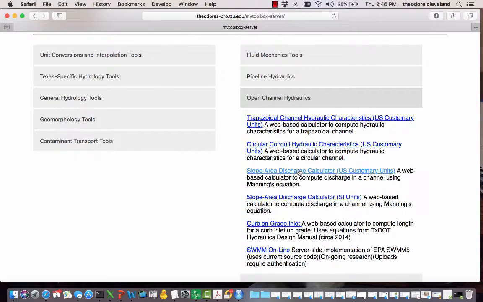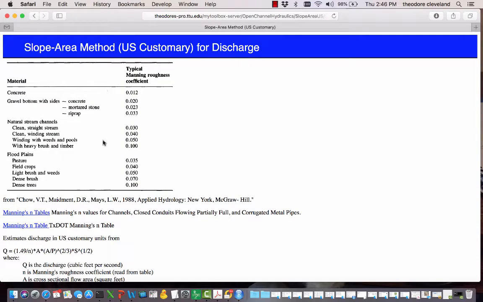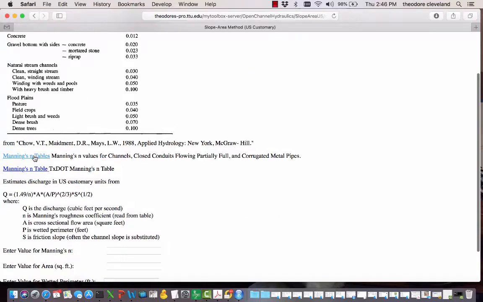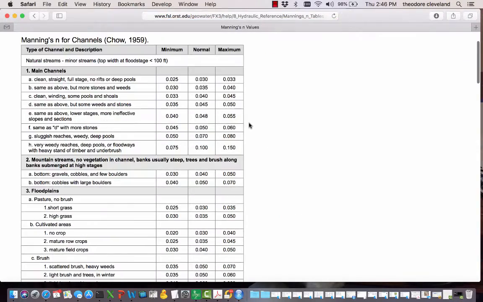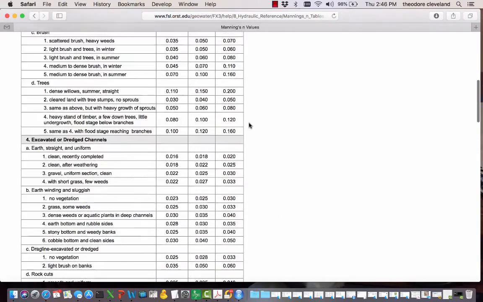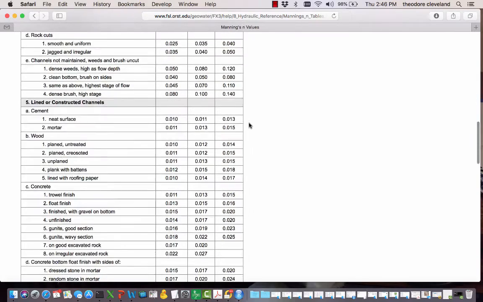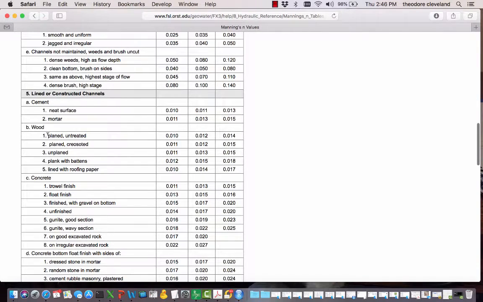Here are some Manning's coefficients. We don't really have any guidance for wood, but here are some other ones. And constructed canal, planed wood, somewhere between 0.01 and 0.014, and we'll use 0.012. So that's where that number came from.